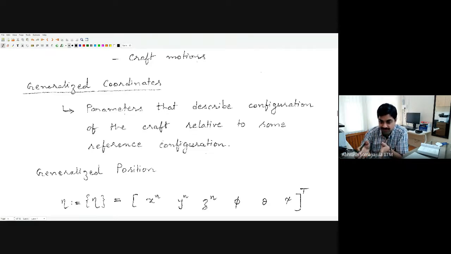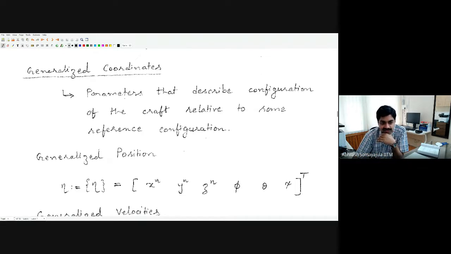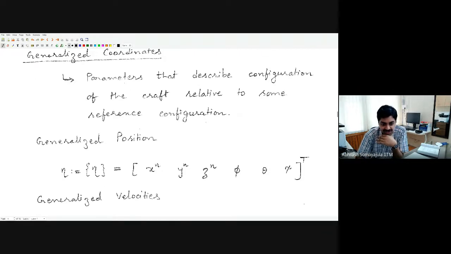With some reference configuration, what is the new configuration? That is what we want to define. In general, for a marine craft, we will define the generalized position by a vector named eta, defined as xn, yn, zn, phi, theta, and psi.